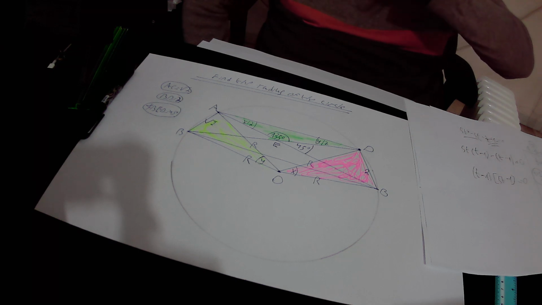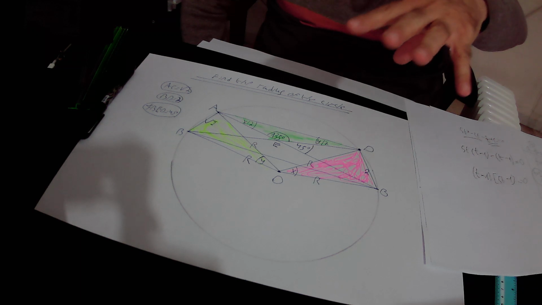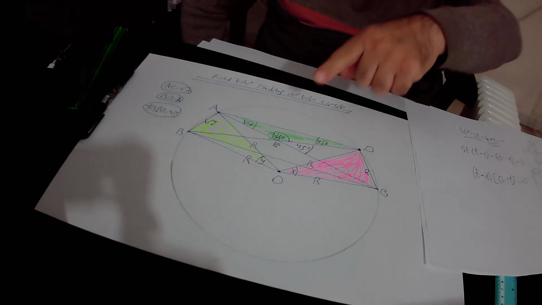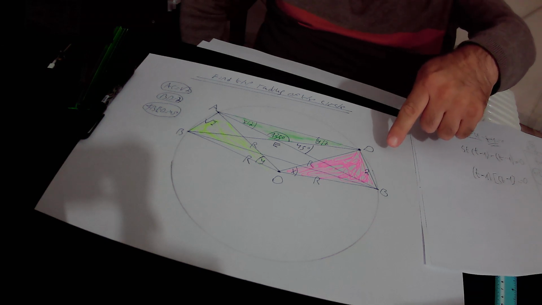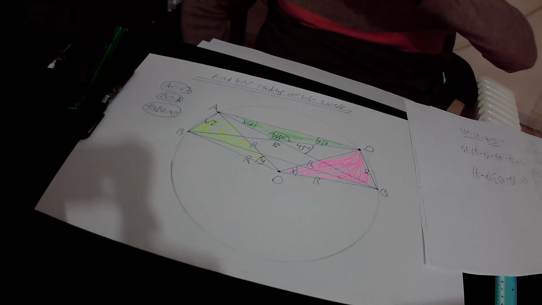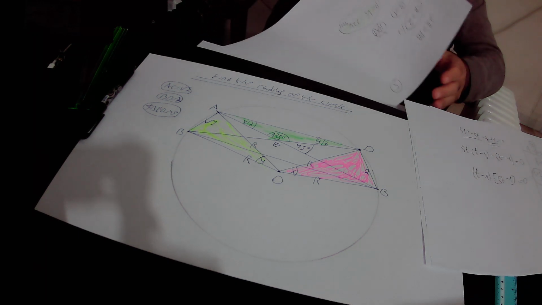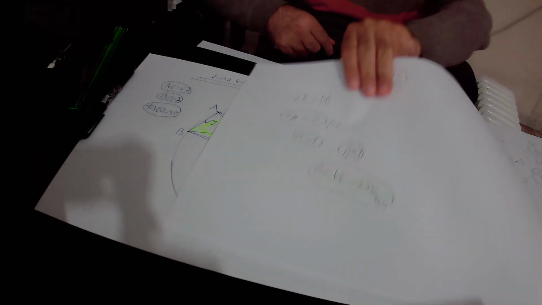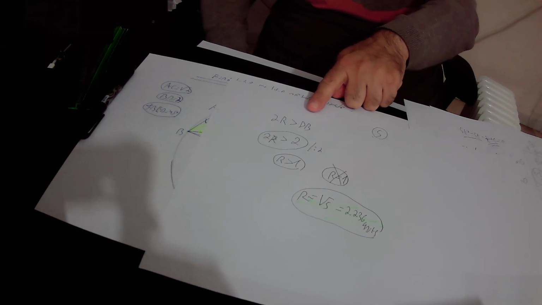And we also know that the diameter of any circle is the longest chord in the circle. So the diameter 2r must be greater than DB, because DB is not the diameter of the circle. Why?